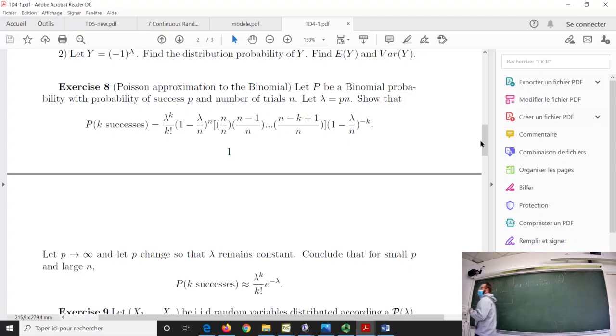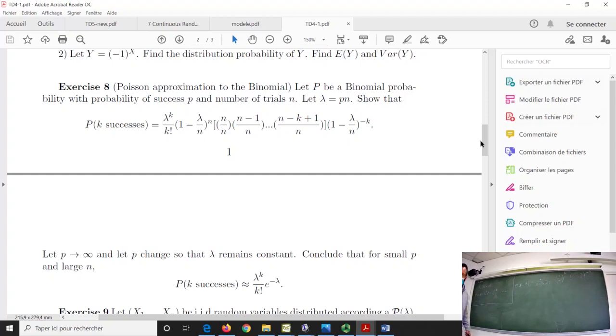And here, exactly the same. I have p inside this expression, but in my statement I don't have p, so I replace by lambda over n, to the power n minus k.